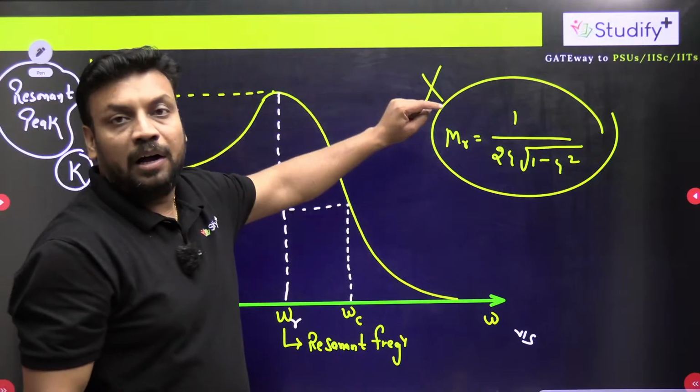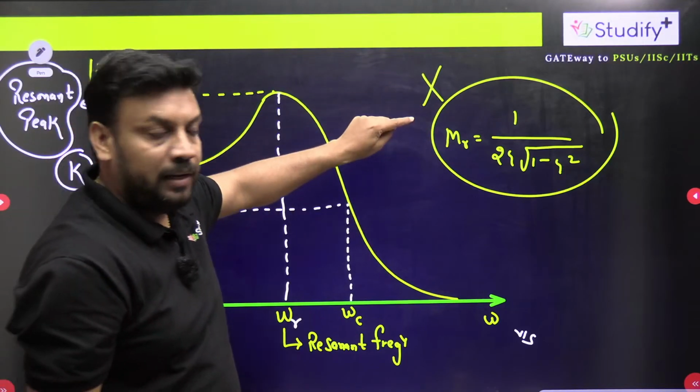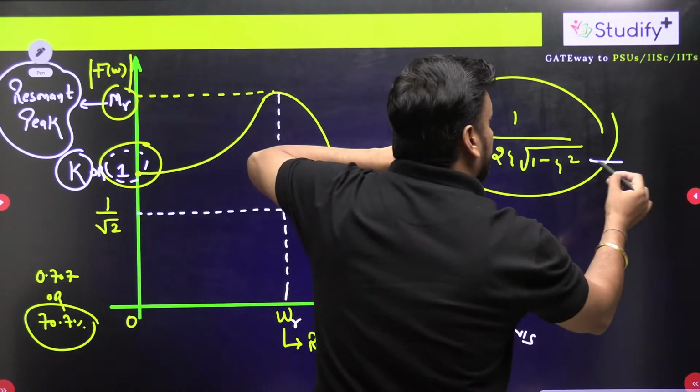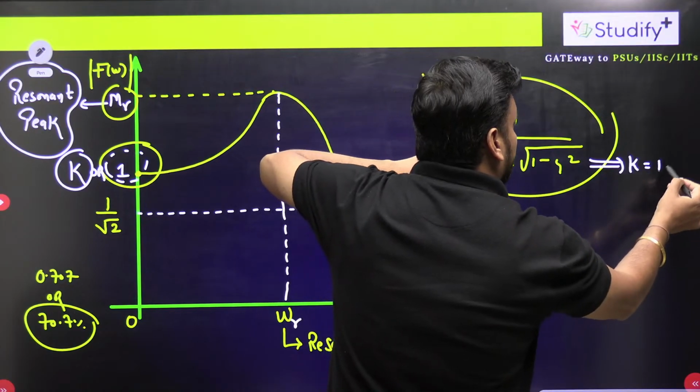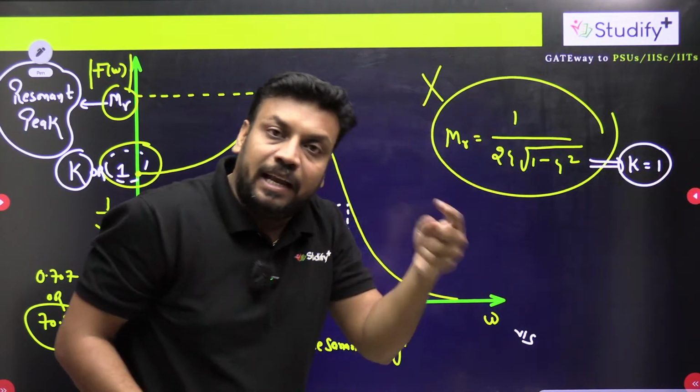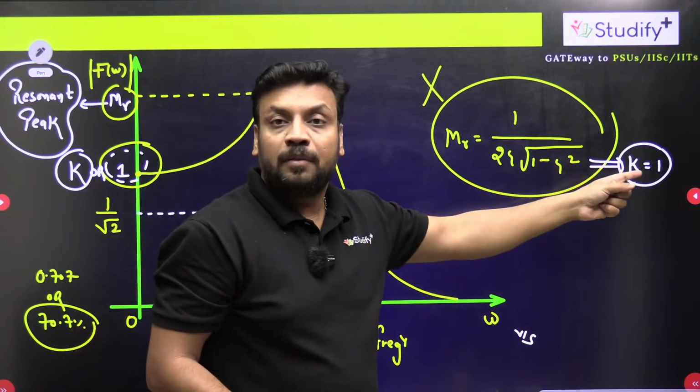This formula will give you resonant peak only and only if it is provided that k equal to 1. It means DC gain of the closed loop transfer function is 1.